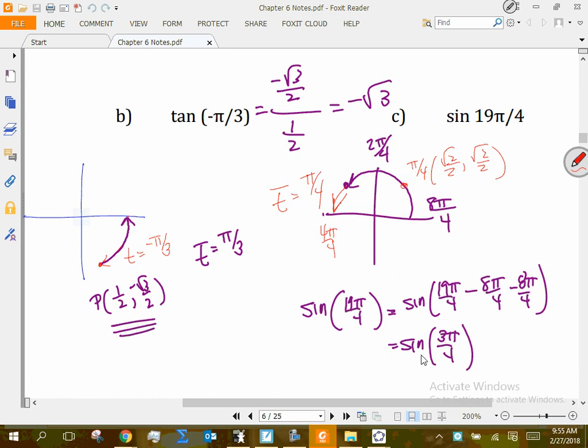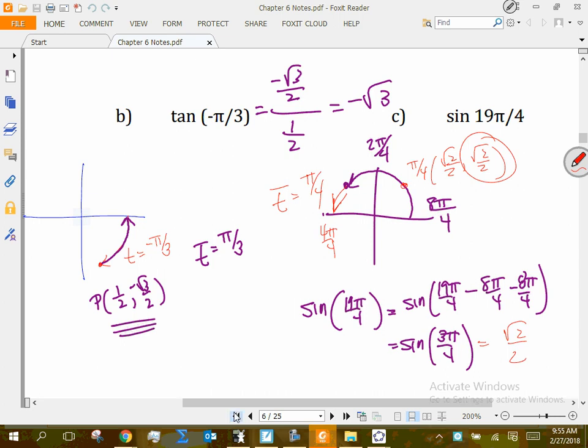Okay? So, sine of 3 pi over 4 is going to be the exact same thing as sine of pi over 4, which is root 2 over 2, right? It's that y value. But now the y value in the second quadrant, what kind of number is that? Positive, right? And that's what we've got.